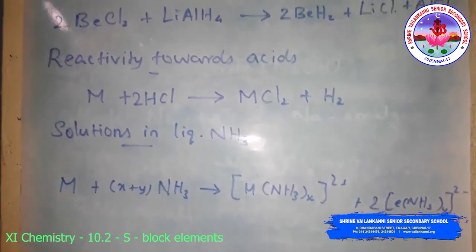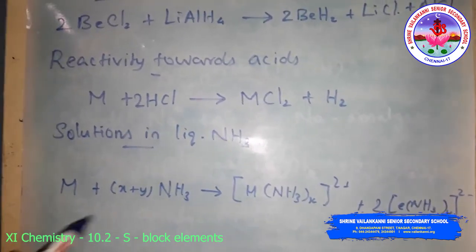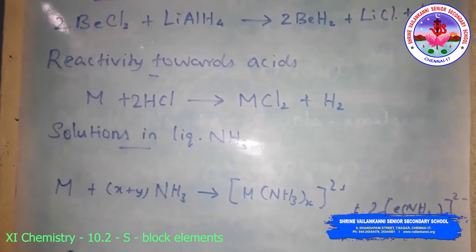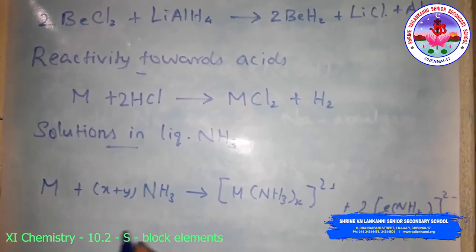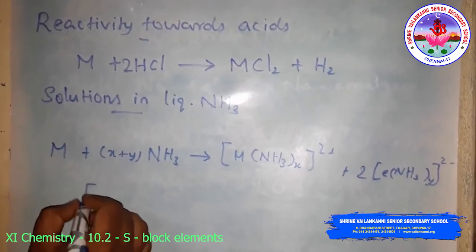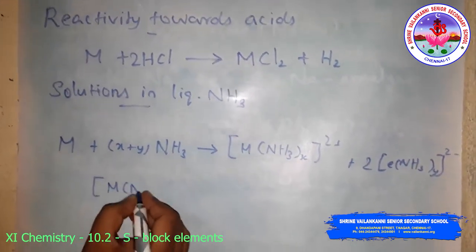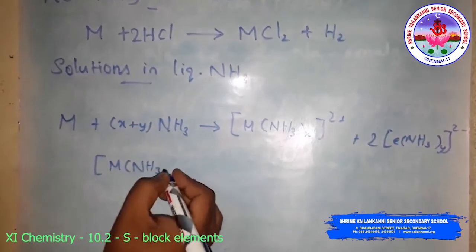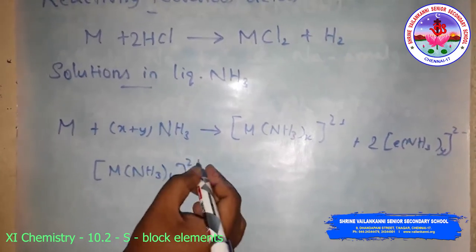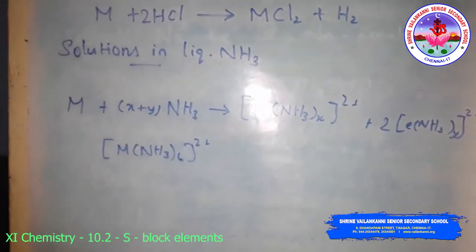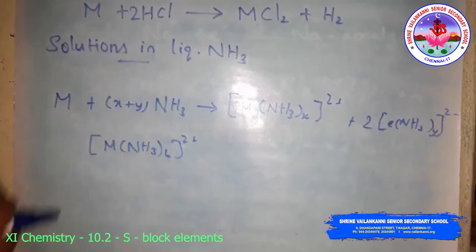From these solutions, the ammoniated ions, for example [M(NH3)6]2+, can be recovered.